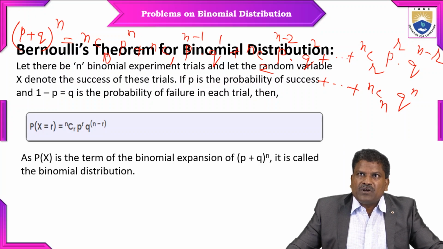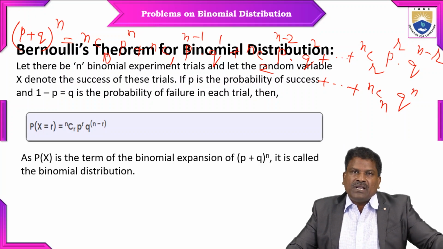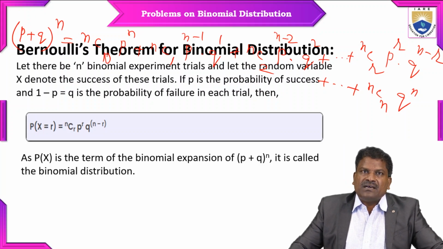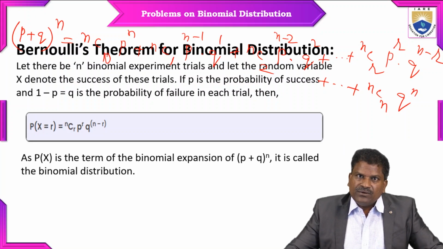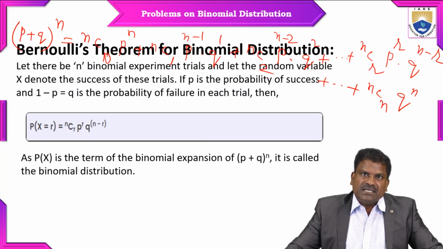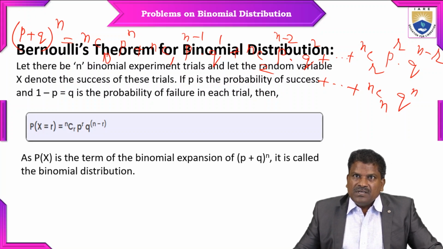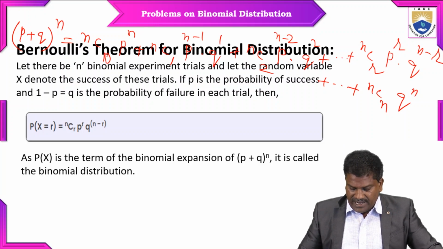If p is the probability of success and 1 minus p, which is q, is the probability of failure in each trial, then we have the formula P of x equal to nCr p to the power r into q to the power n minus r. So it is the rth term of the binomial expansion (p plus q) to the power n.